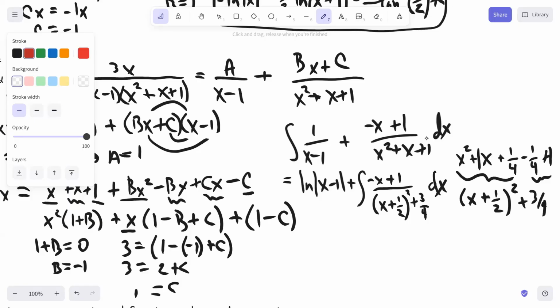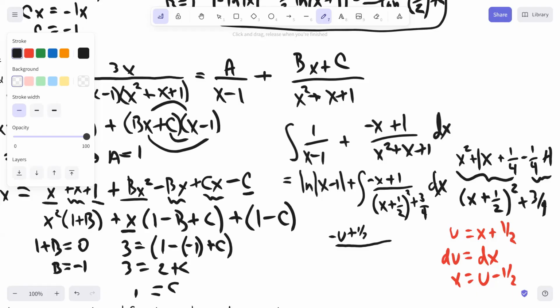dx. Now I'm going to have to use a little bit of u substitution here. I'm going to let u equal x plus 1/2. du is dx, and x is going to equal u minus 1/2. So I'm just going to isolate that integral. So I would have the numerator is going to be the opposite of x, so that's going to be negative u plus 1/2 plus 1 over u squared plus 3/4.